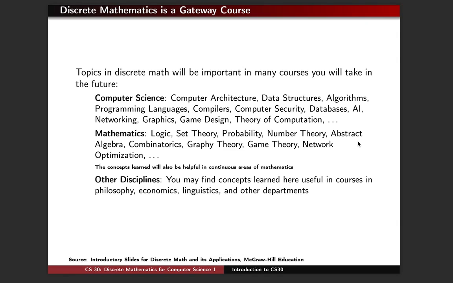Discrete math is also a gateway course. It not only has applications in computer science and mathematics, but even in other disciplines. With most of problems being interdisciplinary today, a good background in discrete math is definitely a plus.